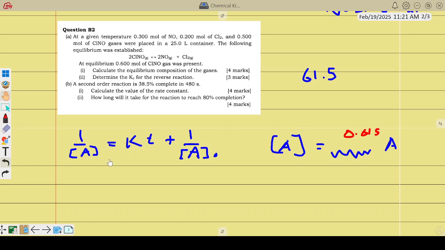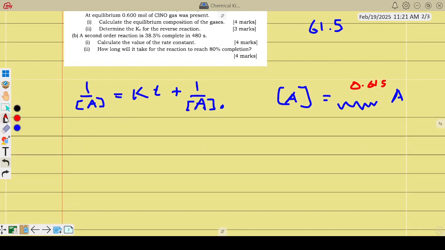Now we'll have 1 over 0.615 A naught. This is what remained. It's equal to Kt plus 1 over A naught.